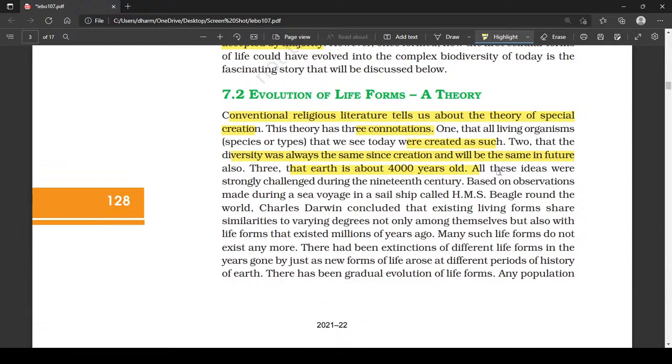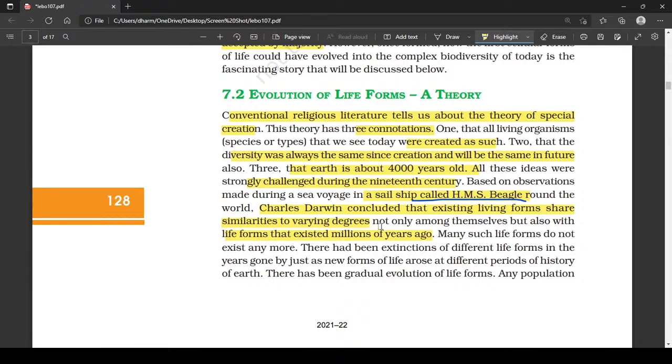All these ideas were strongly challenged during the 19th century, based on observations made during sea voyages in a sailship called HMS Beagle, round the world, by Charles Darwin, who concluded that existing living forms share similarities to various degrees, not only among themselves but also with life forms that existed millions of years ago.